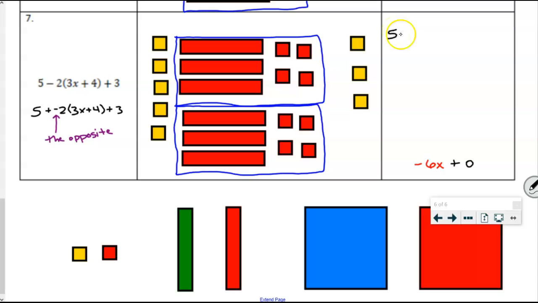When I show the steps for how we do it without the algebra tiles, it looks like this. Here's our group. We can't combine x tiles with unit tiles, so I can't simplify that any further. So I look outside of the group and say, is there any multiplication happening? Yeah. So I have not just 2 groups, but I have negative 2 groups of 3x.